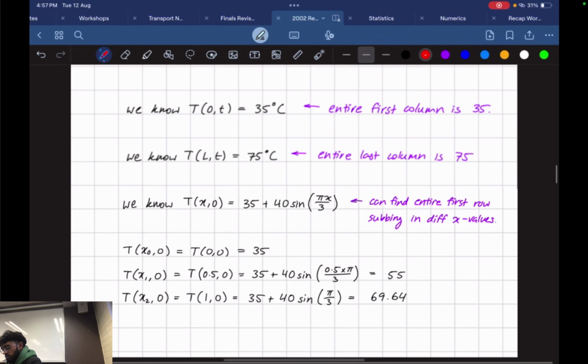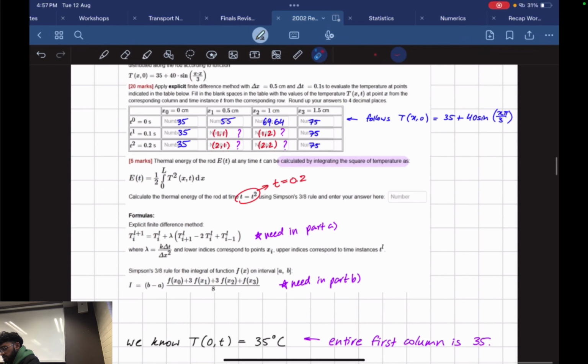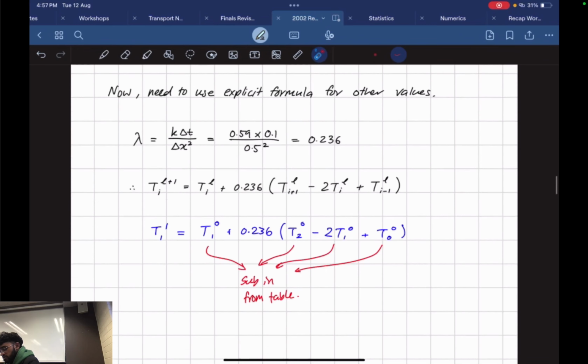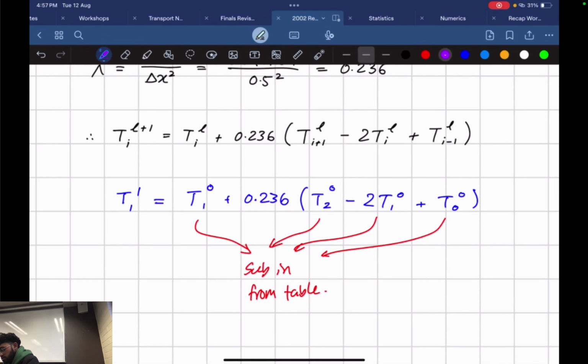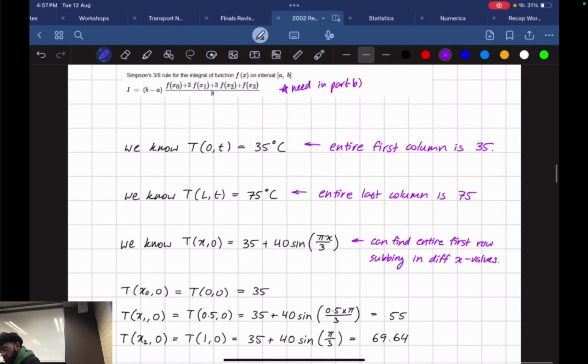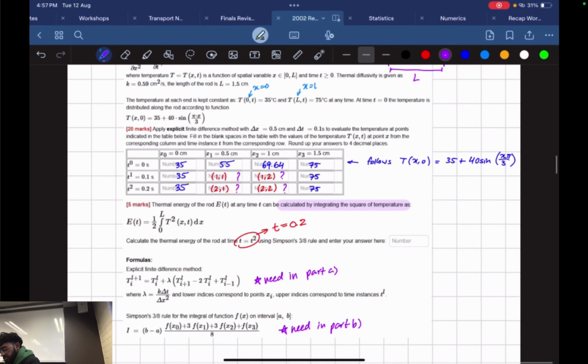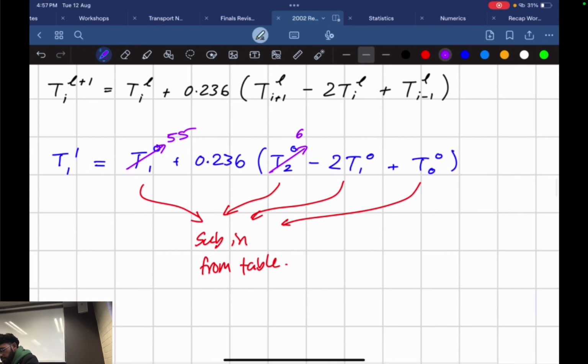So at 0,1 it's going to be 55. At 0,2 it's going to be 69.64. This one is 55, and this one is 35.